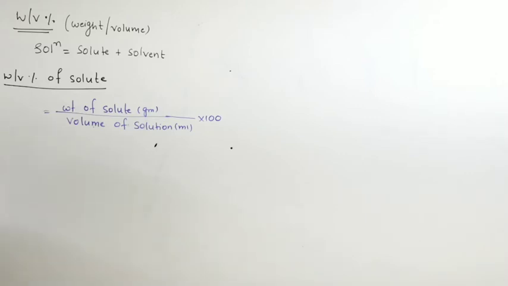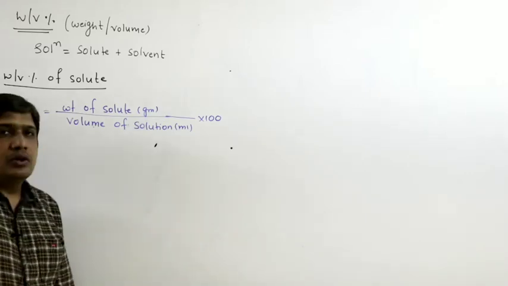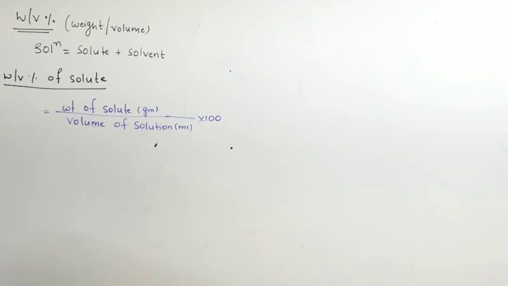So weight of solute in grams to that of volume of solution in ml into 100. This is how we can define weight by volume percentage of solute.